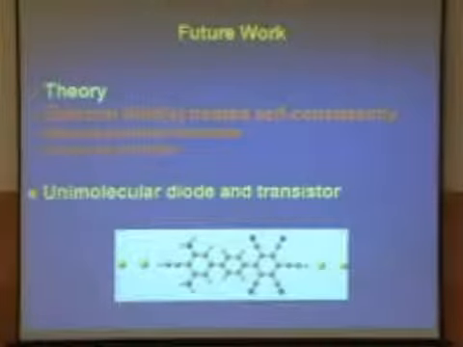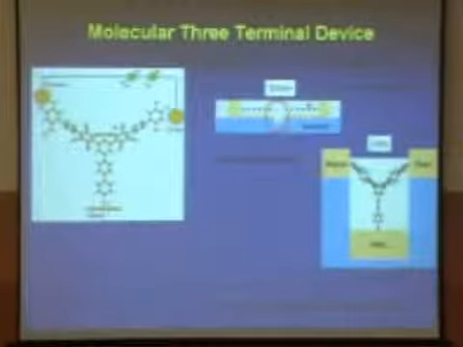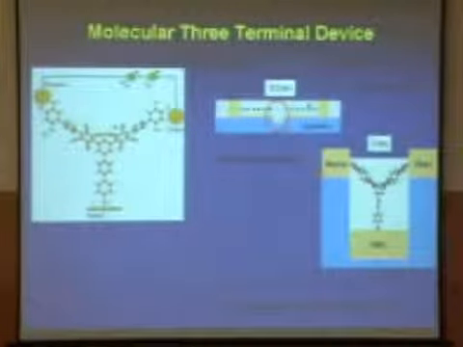Now we want to go further, and see if we can develop techniques or theory tools so that we can treat the external fields self-consistently in our calculations. We would further choose, again with help from experimentalists, a different architecture for either a diode or a transistor using these molecules.